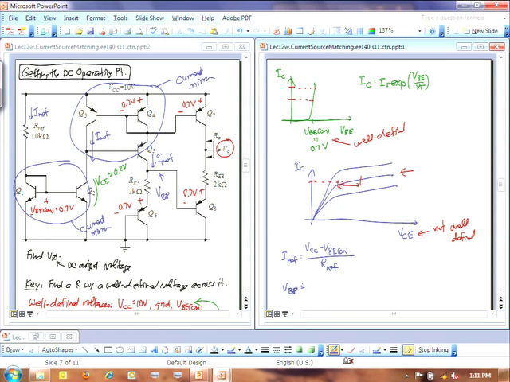That's just 0.7 volts, plus the current IREF, which I just determined from up there, times the resistor value RE5. Okay, that's my VB of 8. So now I know the voltage right here. And if I know the voltage right here, I have to determine what the current is through this.